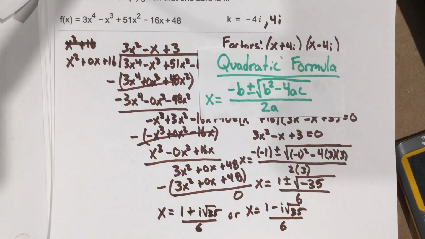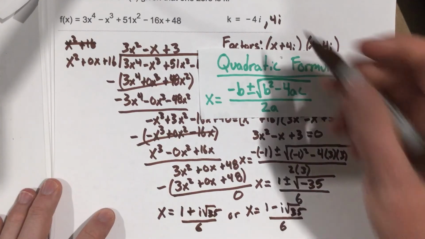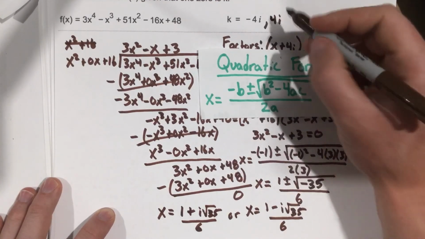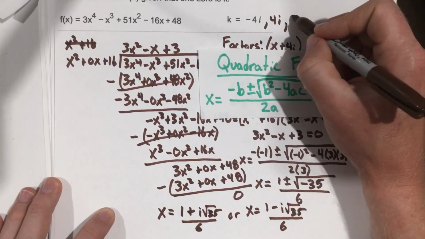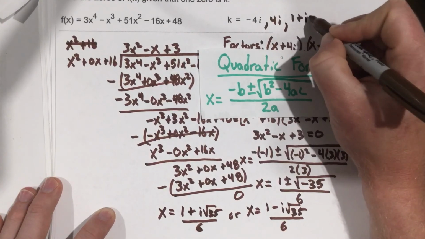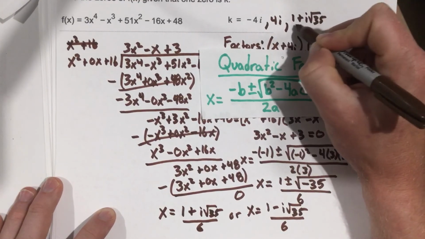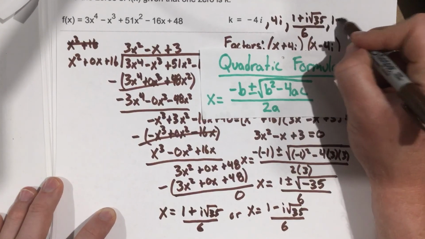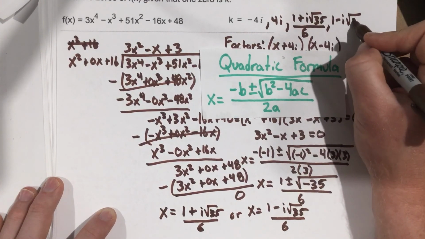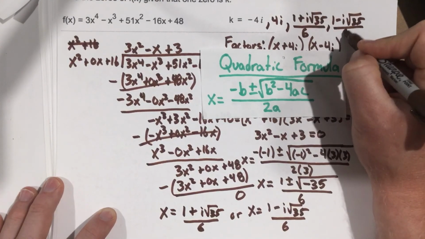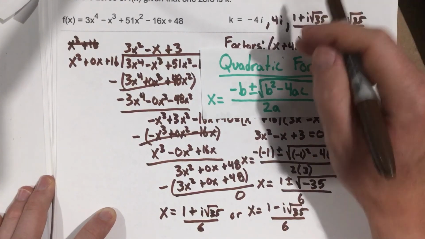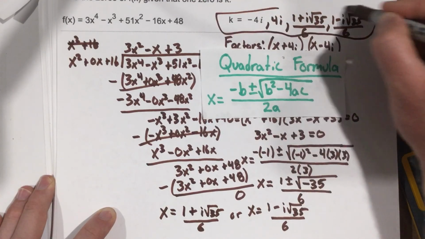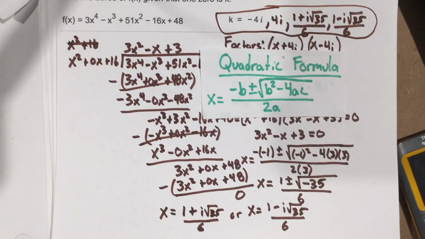So in total, our zeros for this are negative 4i, 4i, 1 plus i root 35 over 6, and 1 minus i root 35 over 6. And those are the solutions to the problem. Hope that makes some sense.